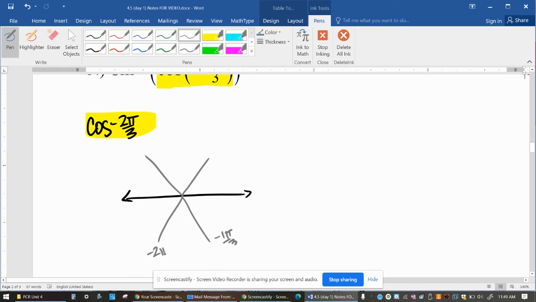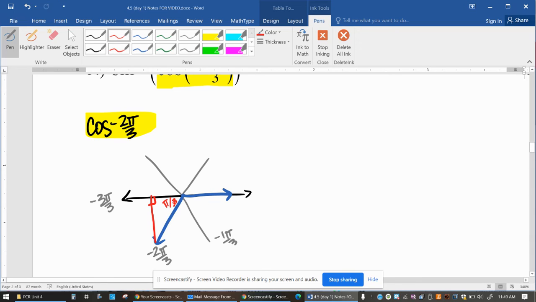It would be right here, negative 2 pi over 3. This would be negative 3 pi over 3, etc. Okay, so here's your angle. But we want to draw our special right triangle from the terminal side to the x-axis. So that's your 90-degree angle. This reference angle is pi over 3 because negative 2 pi over 3 is 1 pi over 3 away from negative 3 pi over 3.